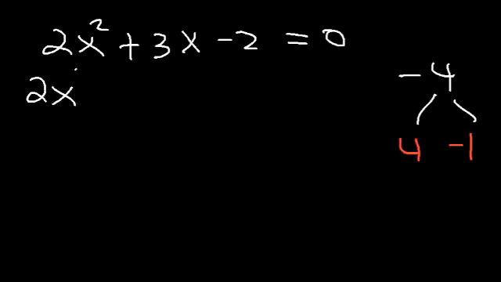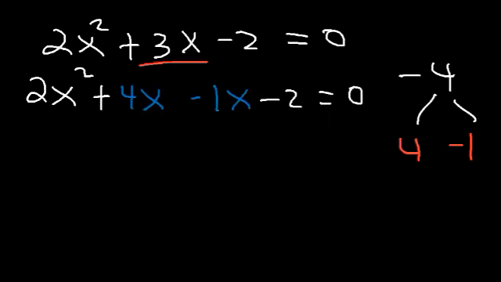Now, what we're going to do is replace the middle term 3x with 4x and -1x. Notice that the value of the expression is still the same. 4x minus 1x is 3x. Now, our next step is to factor by grouping. Let's factor the GCF from the first two terms and the last two terms.